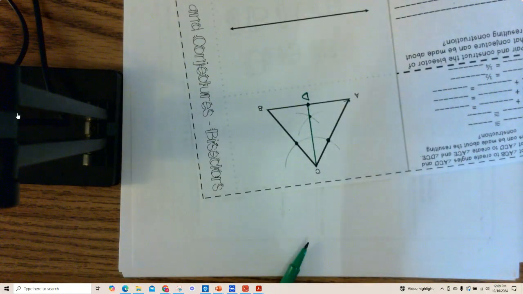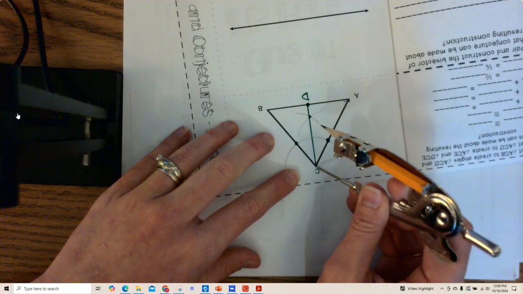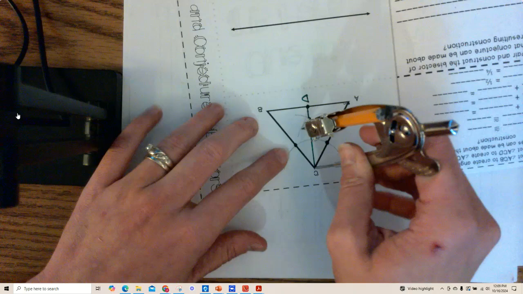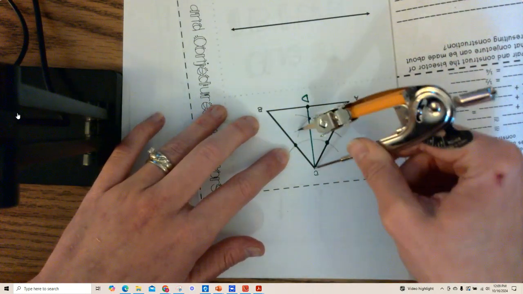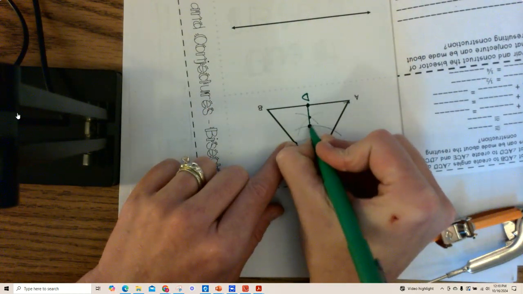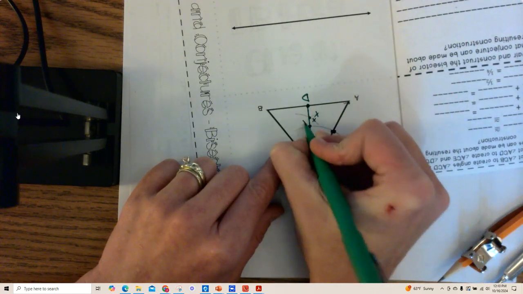So change your compass measure from whatever you did the first time. Otherwise, you'll start overlapping. So from C, I'm going to make an arc across that new line that I made, and then side AC. And it's these two points, this intersection and this intersection. I don't need these arc marks anymore.